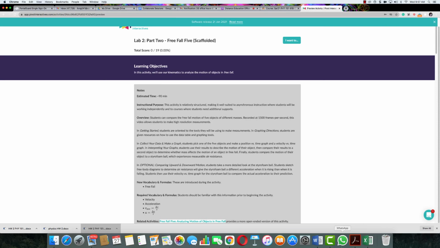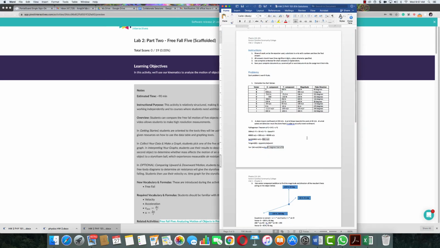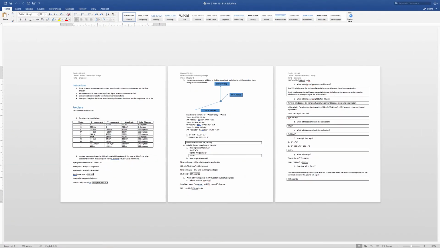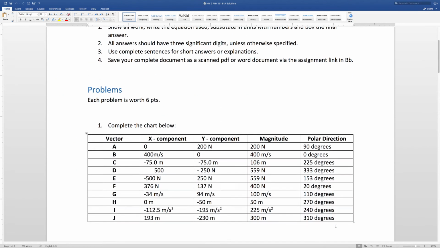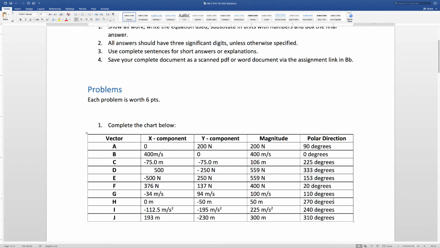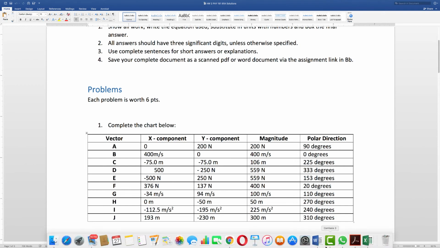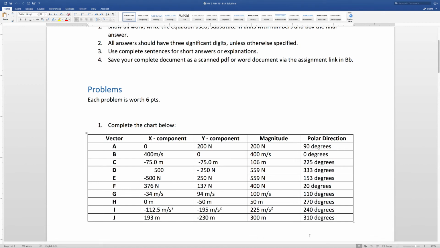The other thing I want to talk about is your homework. And I want to make sure that you understand how important it is for you to read the directions. I want you to make sure that you understand what polar directions are. So polar directions are measured from the positive x-axis.